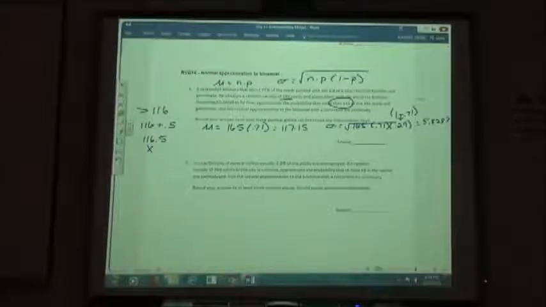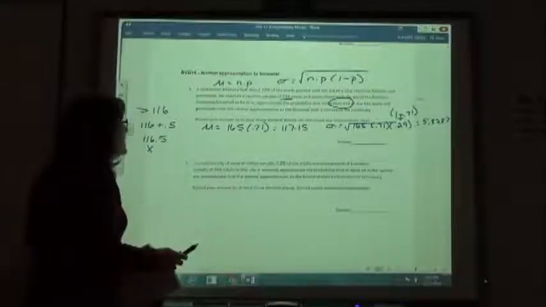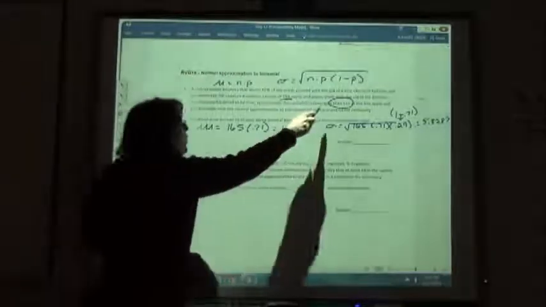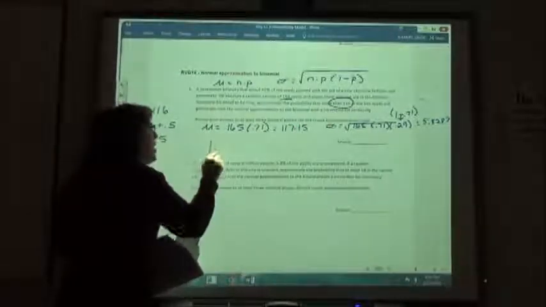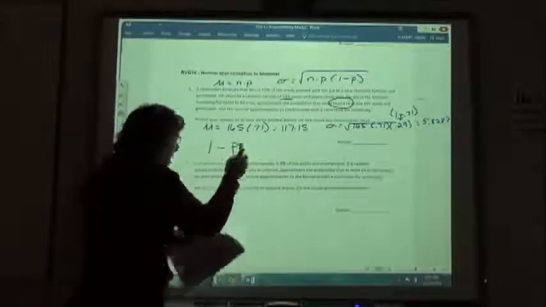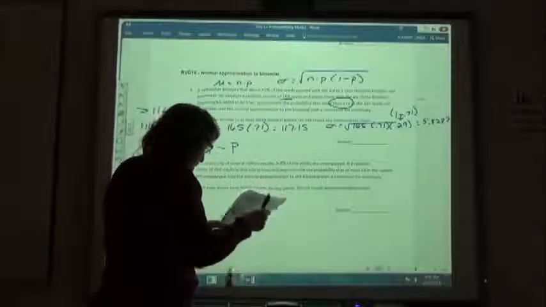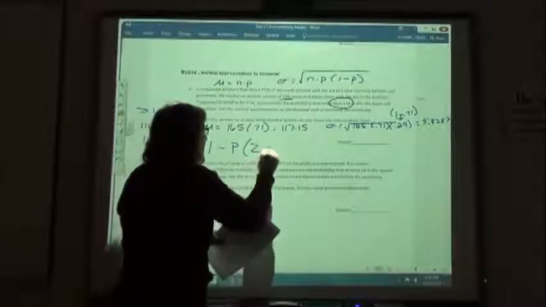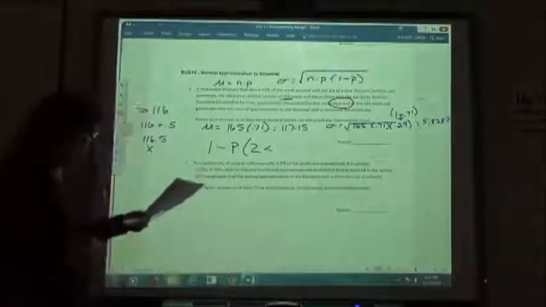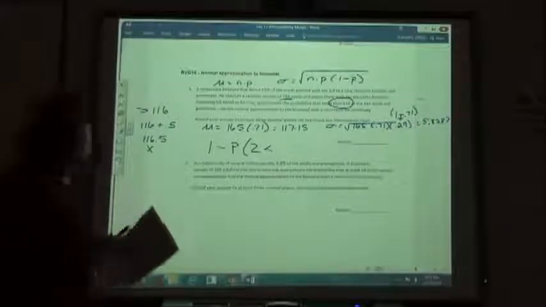Okay? So when we do this, since we are doing a greater than, we're going to do 1 minus P of z is less than, and then I have my formula.